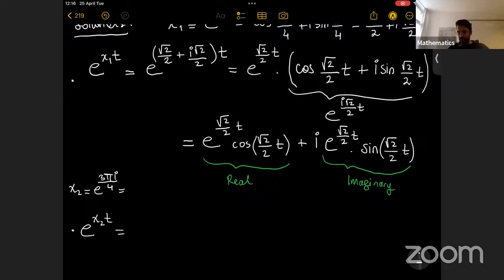Cosine 3 pi over 4 is minus root 2 over 2 plus i times root 2 over 2.